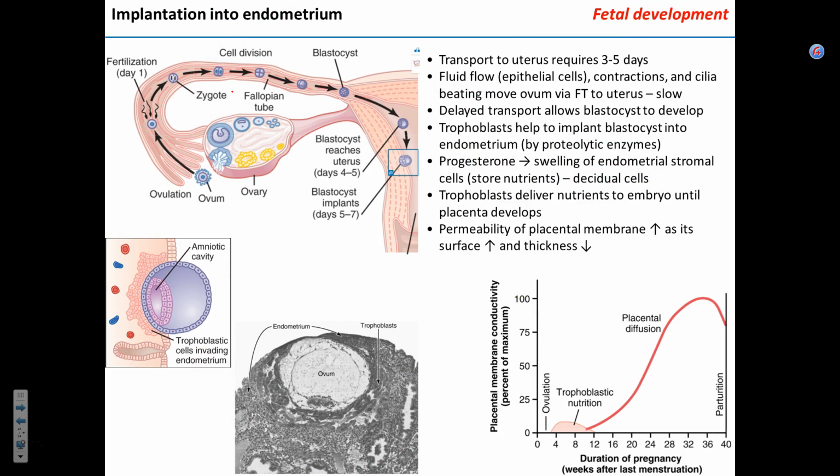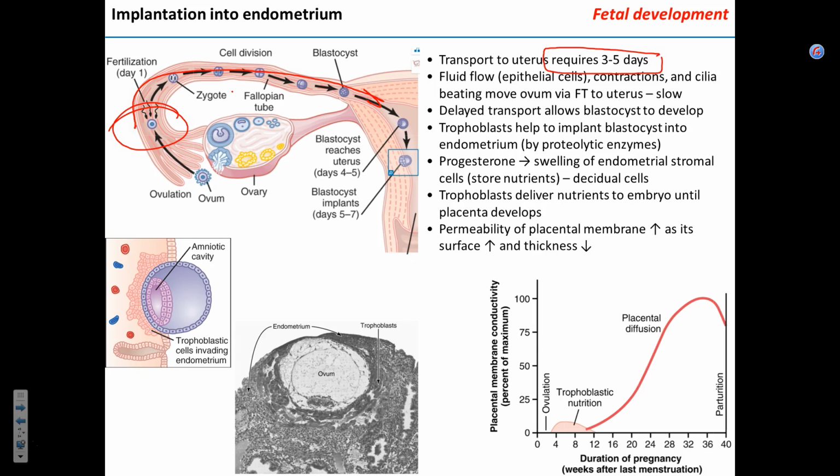So this diploid zygote is formed in the ampulla of the fallopian tube, as we mentioned before. Zygote gets transported through the fallopian tube into the uterus over a period of 3 to 5 days. The forces that transport the fertilized egg are the fluid flow, first and foremost.